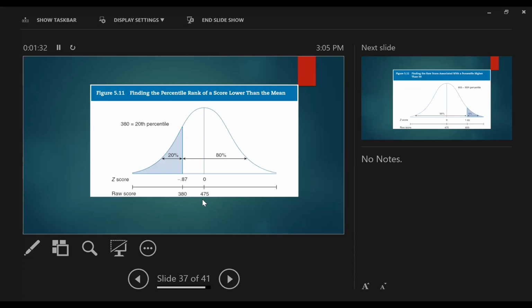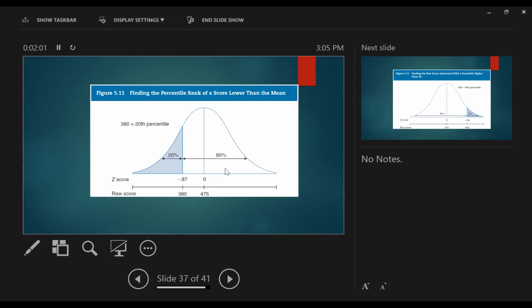Similarly, if I found a test score on the SAT of 380, I could figure out the Z-score, which is negative 0.87, and figure out that that is in the lower 20%, okay? So the way I would do that, again, is on our table, the area right here that would fall between the mean and the score on the positive end.